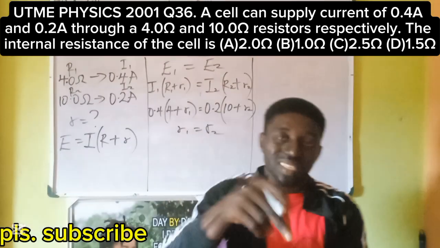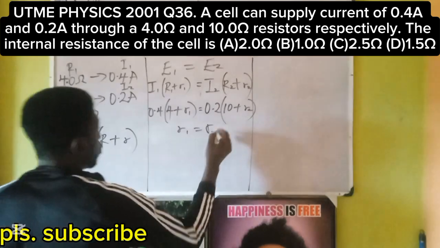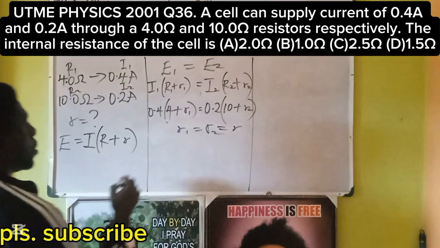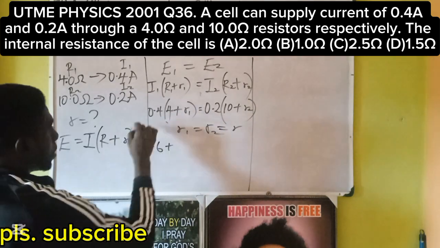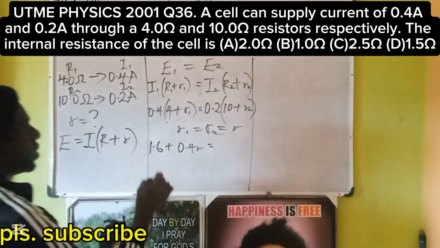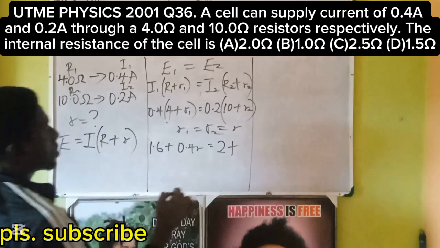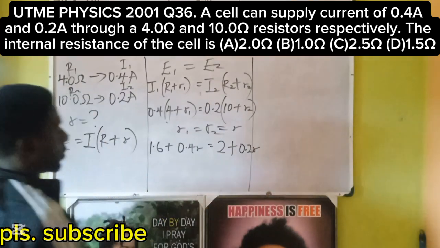The cell is the same, the resistance of the cell is the same in both experiments. Therefore, I'll just be going with r. Then we'll continue. 0.4 times 4 will give me 1.6, plus 0.4 r, equals 0.2 times 10 is 2, plus 0.2 times r will give me 0.2 r.